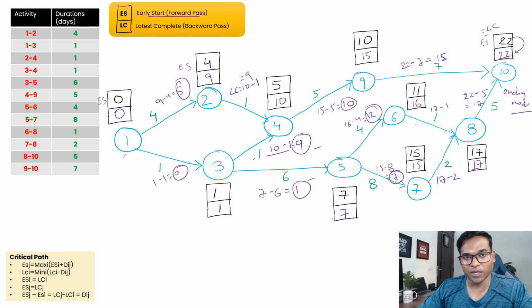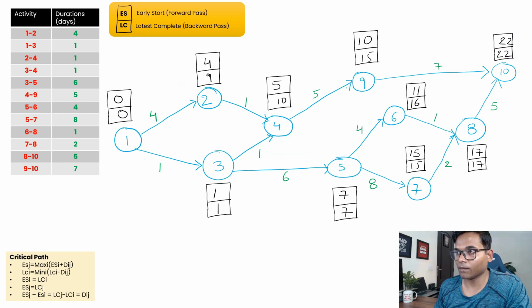So now we have the early start dates, early start duration, and late completion or late finish duration. This is what we already solved for this network. Let's solve the critical path part.